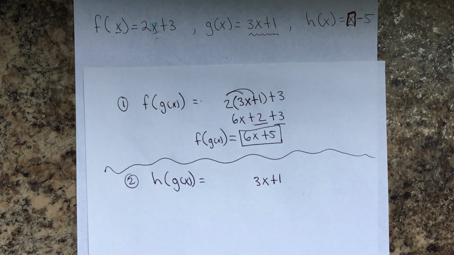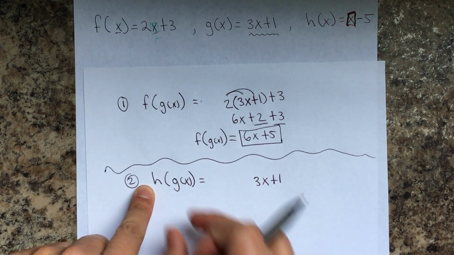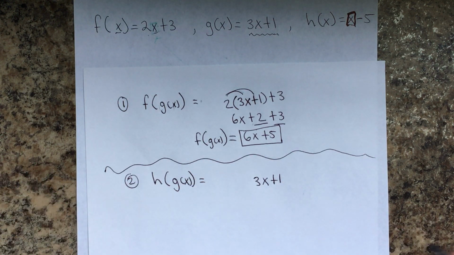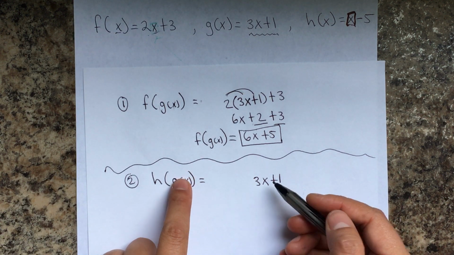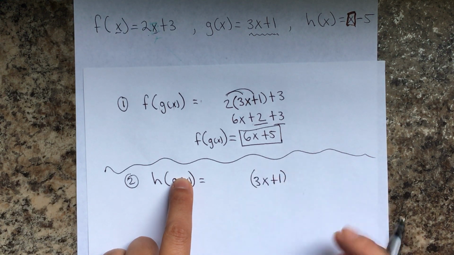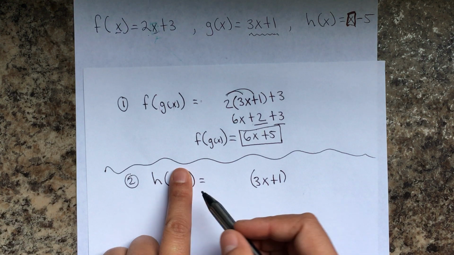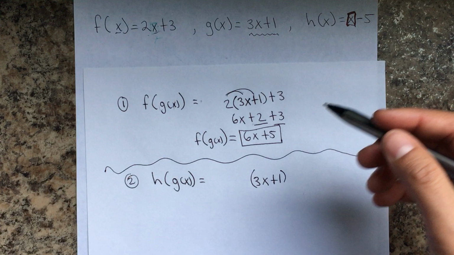I know that there are some videos that show another way, where they plug in after in the second one. So that's fine also. But I always start with whatever is inside. I put it in here. I put a parenthesis around it, and then I go to my h of x, and I know that this will replace my x. So I cover that x so that I don't get confused.